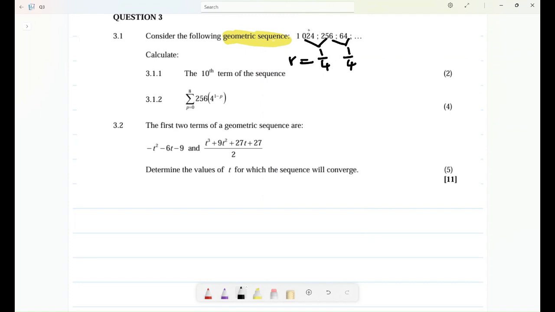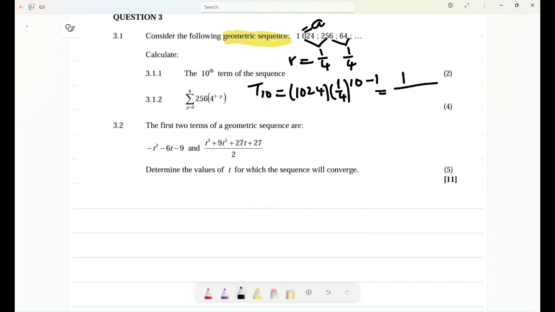Then the value of A, it is your what? Remember, the value of A is your first term, right? So now how do you find the T10? We're going to say T10 is equal to A, which is 1024, times R, what is R? 1 over 4, to the power of n minus 1. What is n in this case? In this case, n is 10, so 10 minus 1, right?